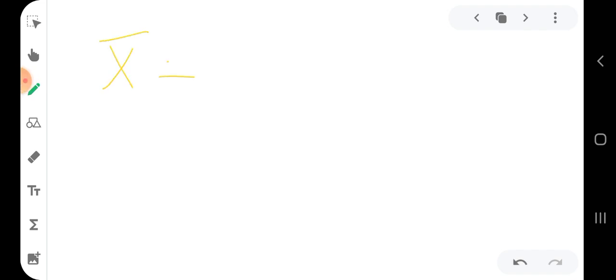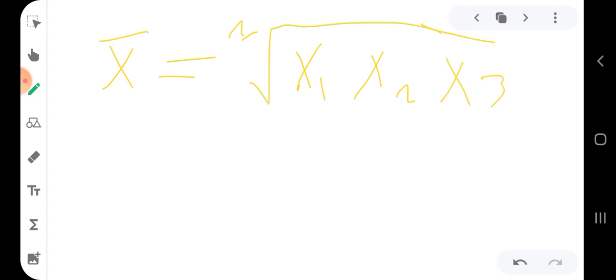you take this root. For example, if you have 2, it would be x1 multiplied by x2, then you take the square root. If you have 3, x1 multiplied by x2 multiplied by x3, then you take the cubic root, etc. If you have 4, you take a root with index 4.